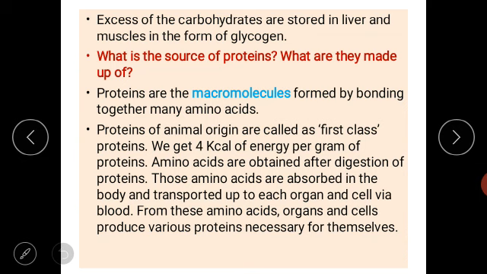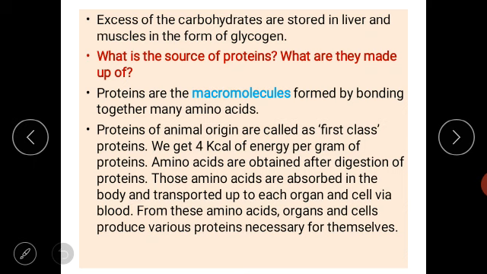So as I said, the source for carbohydrate is freely available. Anything you eat, you can easily get many types of carbohydrates, but for protein you have to take a specific diet, specific food products.